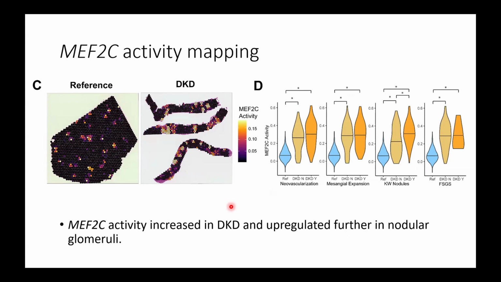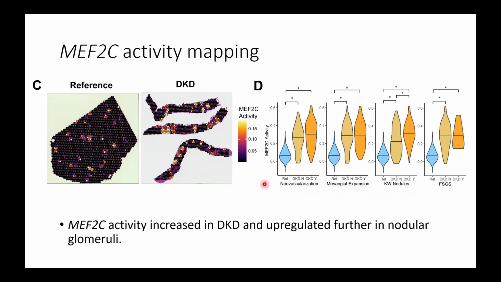Because we have that network of target genes, we are able to evaluate the expected activity of MEF2C. And we can see that the MEF2C activity is associated with several of those histopathological manifestations that I mentioned before: neovascularization, mesangial expansion, KW nodules, and segmental glomerulosclerosis.